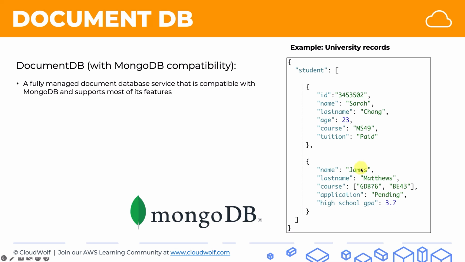So as you can see, even though some parts of these two records are similar, like name and last name, there are parts that are different, like course: there's only one course here, but here's a whole array of courses. Here we've got fields ID and age and tuition. Here we don't have those fields, but we have application pending and high school GPA. And clearly it's because James Matthews is still not enrolled in the course. Their application is still pending, whereas Sarah has already been enrolled.